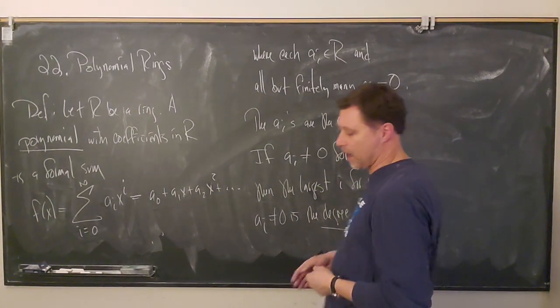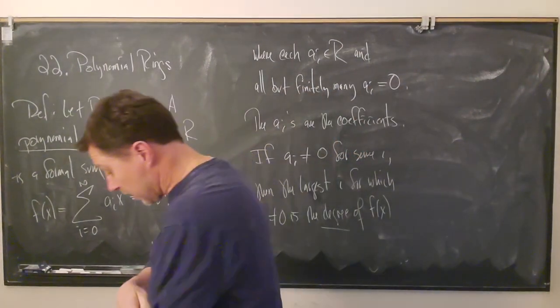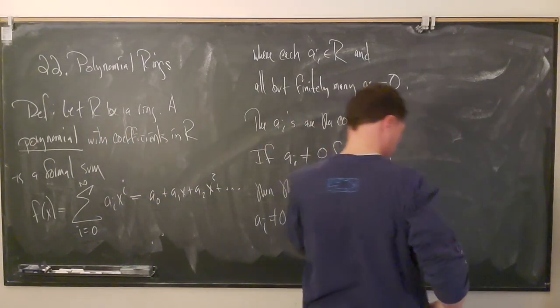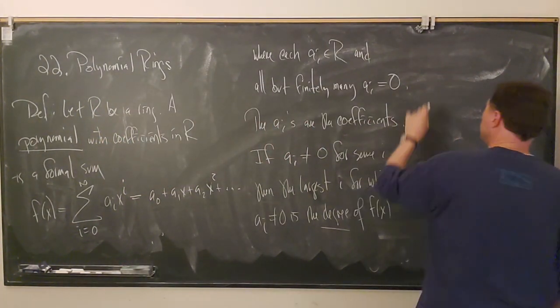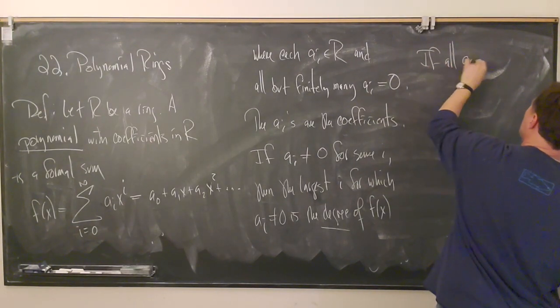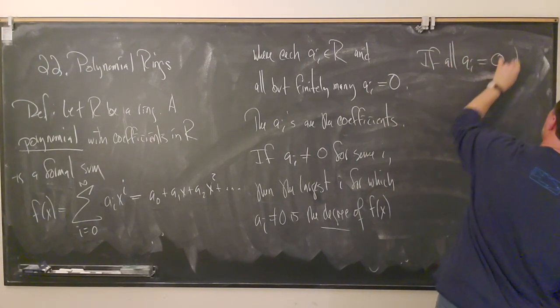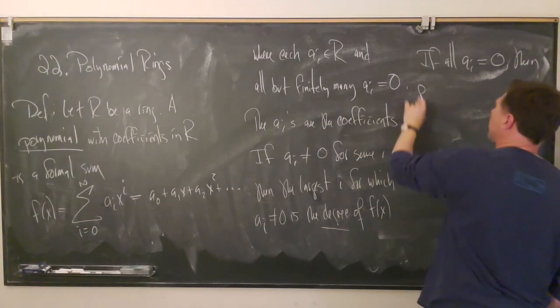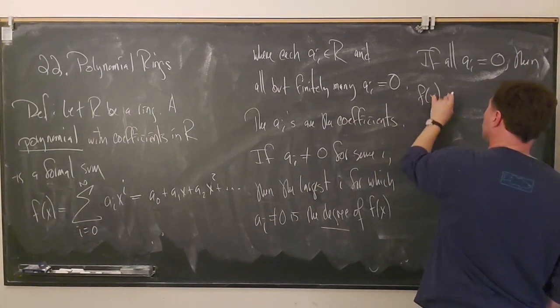So it's just the highest power. If all a sub i are equal to 0, then we say f of x is the 0 polynomial.